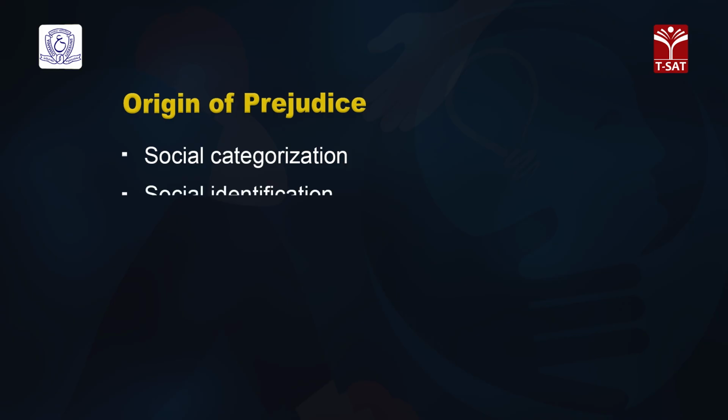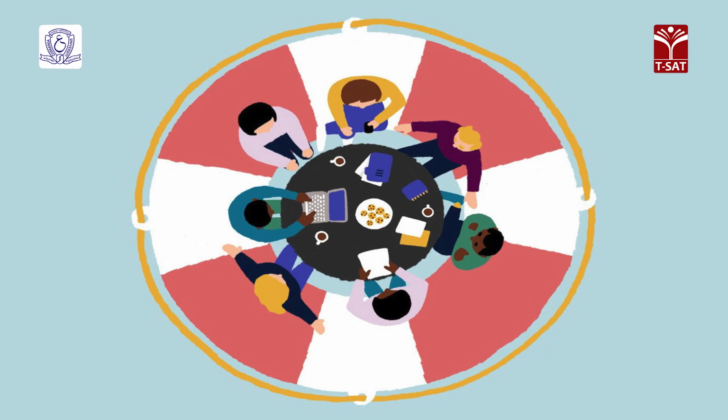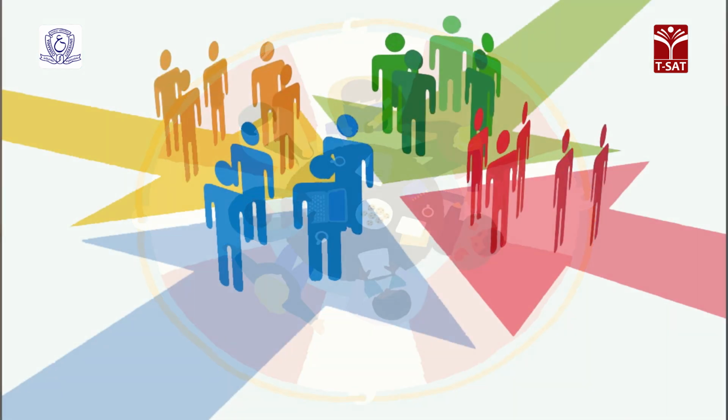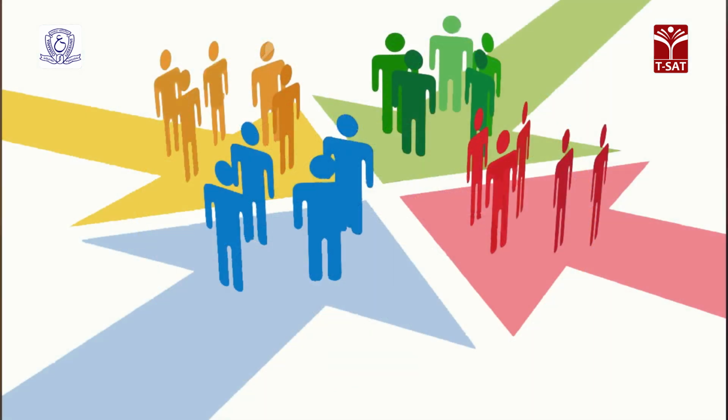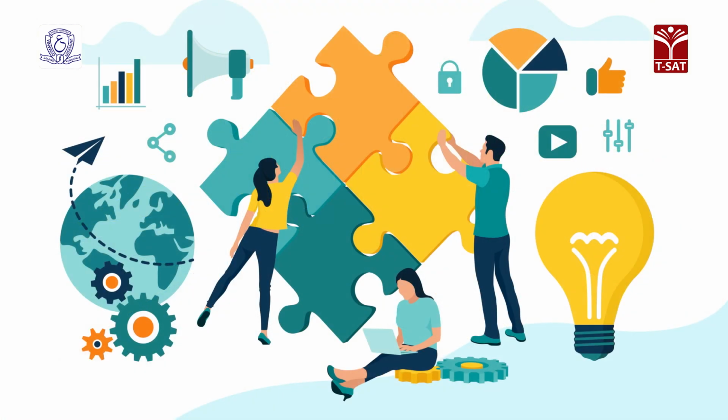The second process is called social identification, which is the process of identifying as a group member. Social identification with a group leads individuals to behave in the way that they believe members of that group should behave.